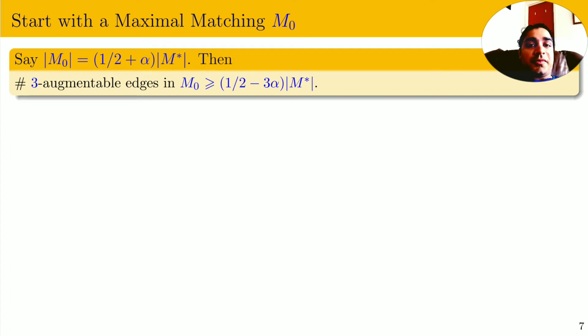Since M0 is maximal, we know that this alpha is non-negative. Then we say that the number of three augmentable edges in M0 with respect to this M star is at least half minus 3 alpha times the size of M star. Now we'll see some examples and give intuition for this. The proof is not long, but the intuition is more important.